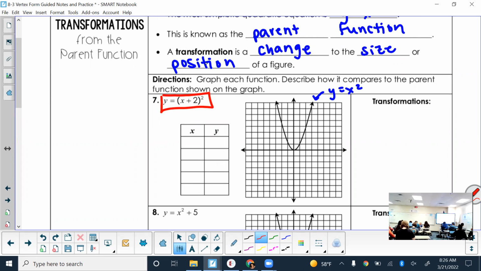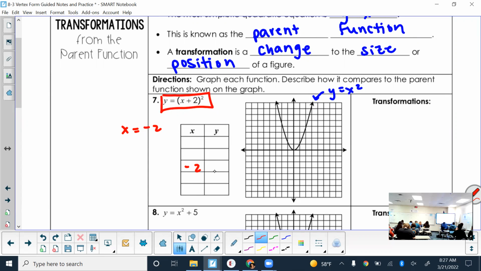Good. You find the h for your axis of symmetry. For this one, my axis of symmetry, x equals what? -2 is correct. That's going to be the x of my vertex as well. That makes sense? Always the opposite sign for the h.